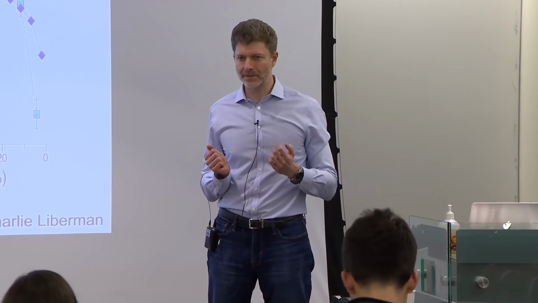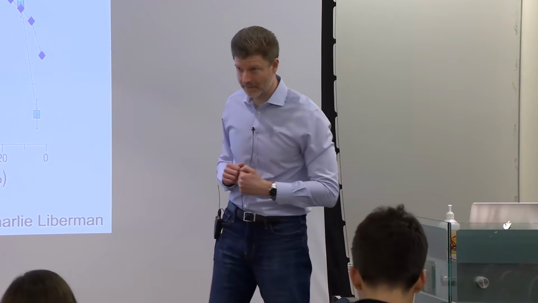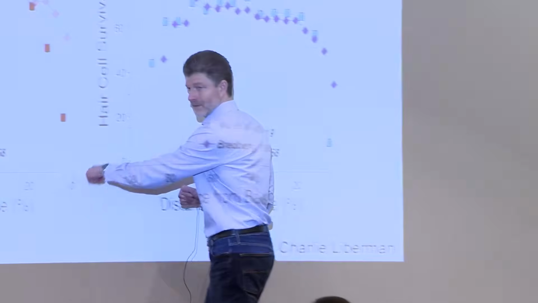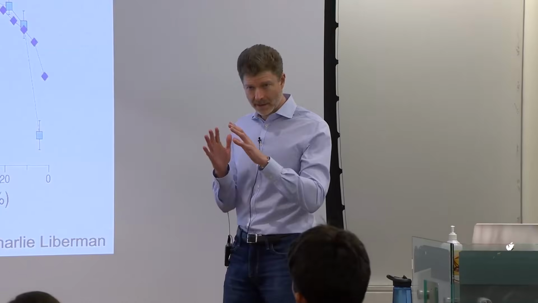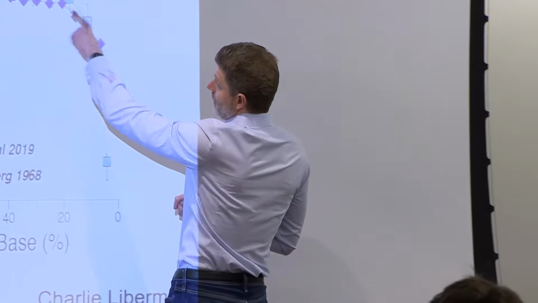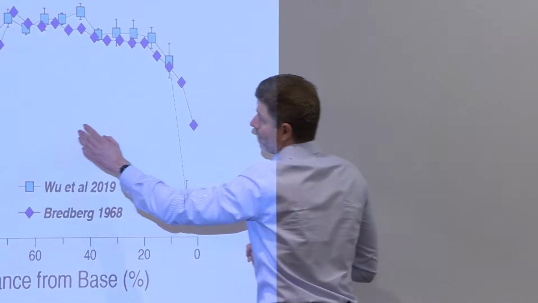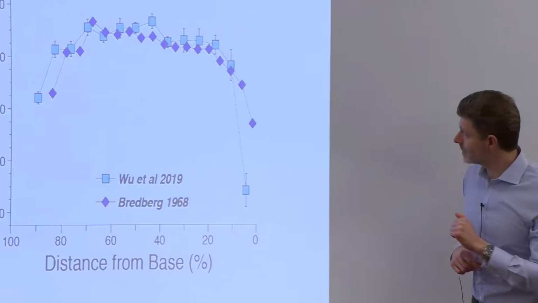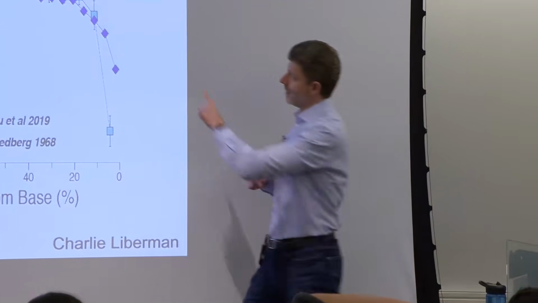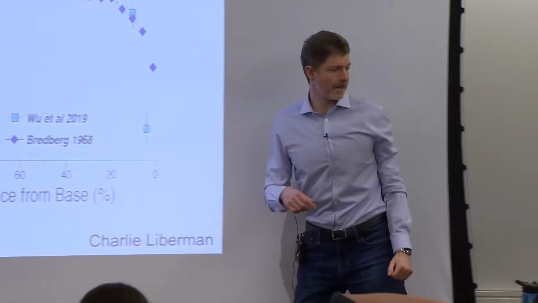High or low? High. That's right. So the base transduces high frequencies, which is consistent in principle with the fact that people tend to lose their hearing at high frequencies more than low. You can see that outer hair cells also tend to be lost, but it's more distributed across the cochlea. So both the base and the apex have outer hair cell loss, and even in the middle.